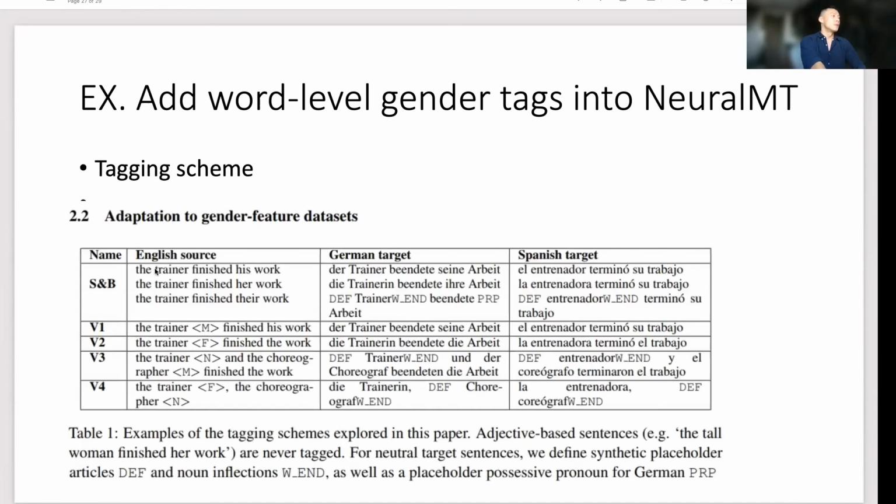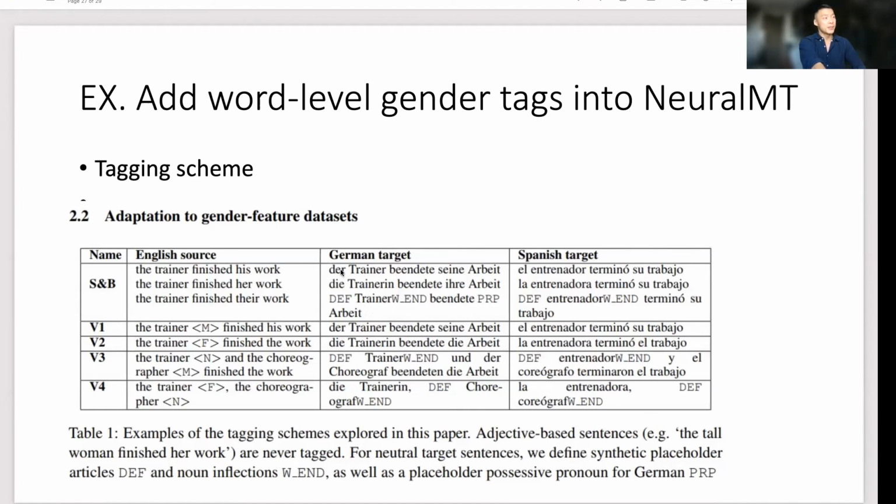So for example, if you have an English source, the trainer finished his work. Trainer in English is not gendered, but in German it's Trainer or Trainerin because they have the in suffix to make a word that ends with an er that is male into a female version.